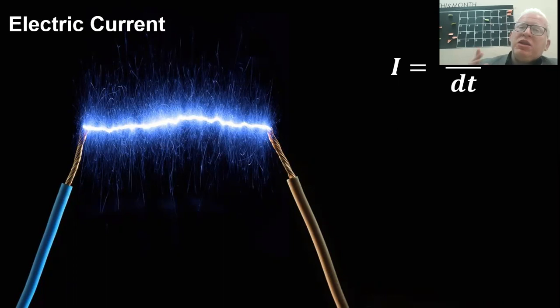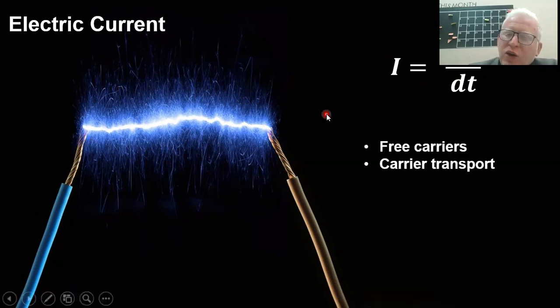But this is not the only condition to have an electrical current. Another condition is represented in d/dt, that this free carrier should move with respect to time in what we call a guided motion. So in order to have electrical current, you should have two main conditions.